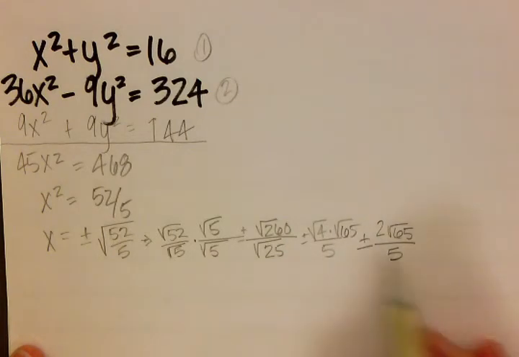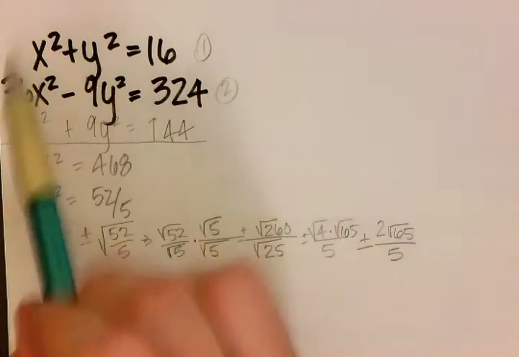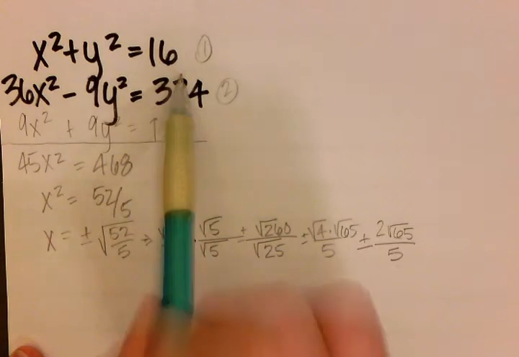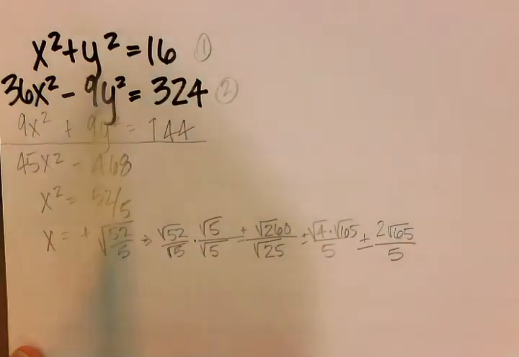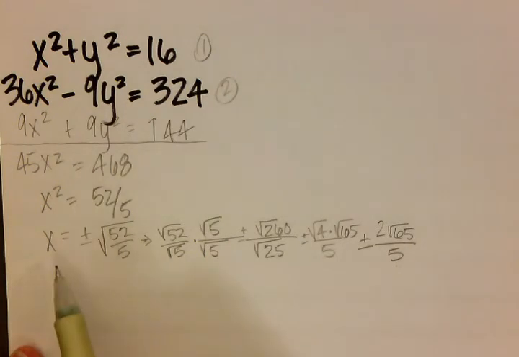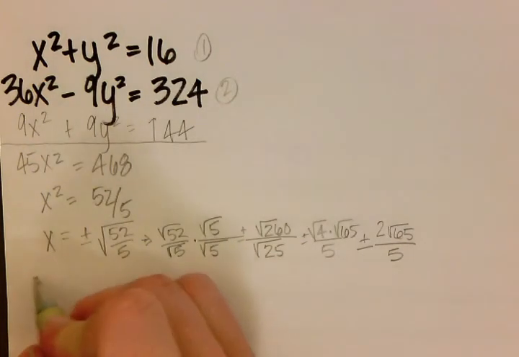Okay, so now we're going to take that number, which we really have two answers here, right? We have 2 square root 65 over 5 and negative 2 square root 65 over 5. Now we want to take the positive 2 square root 65 over 5 and plug it back into equation number 1. And that will give us our y. We can solve for y.